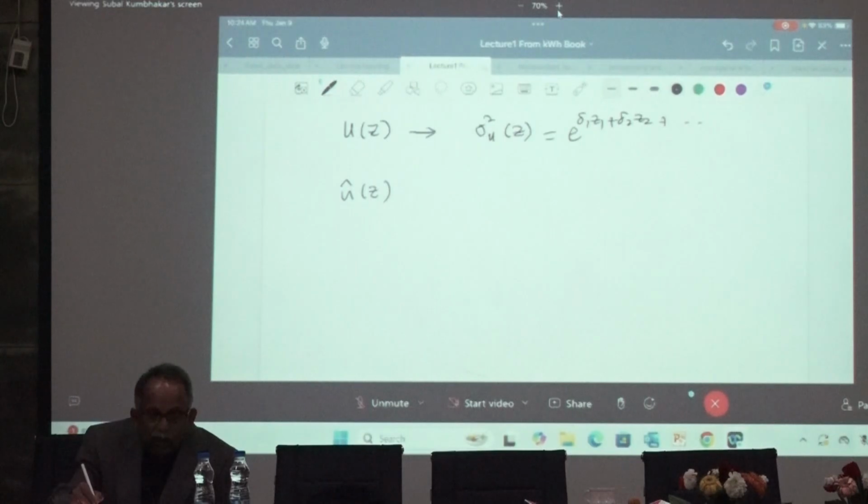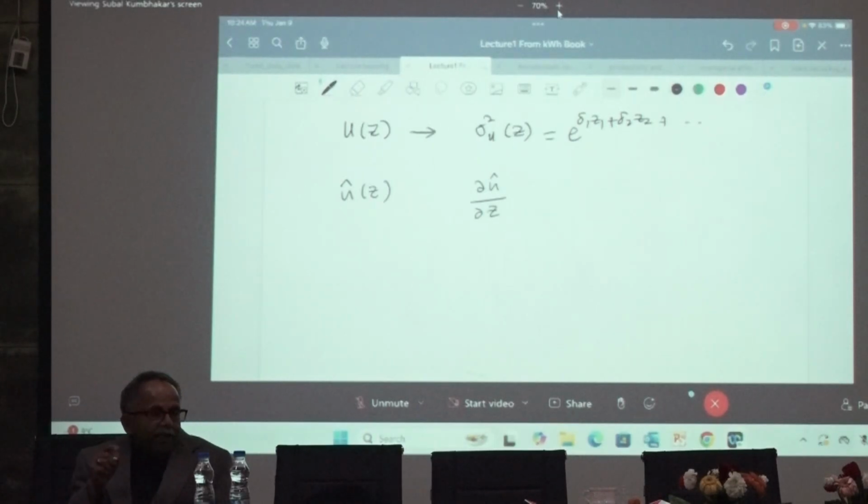And then again, our interest is to see this: if you increase your Z, what will happen to your inefficiency?